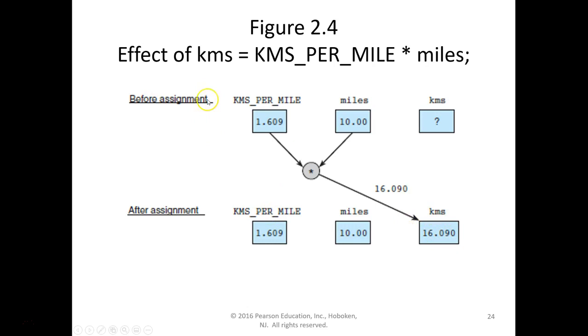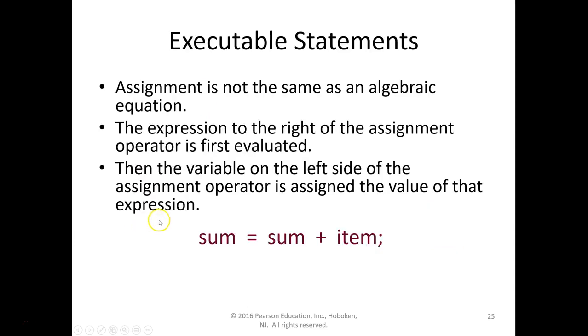So this is before assignment and after assignment. And this is an assignment, the same thing. So assignment is not the same as an algebraic equation, like I told you, okay? So this one here is assigned to this one here. So it means that if you have a sum and then you add something to the sum, you assign it back to the sum.